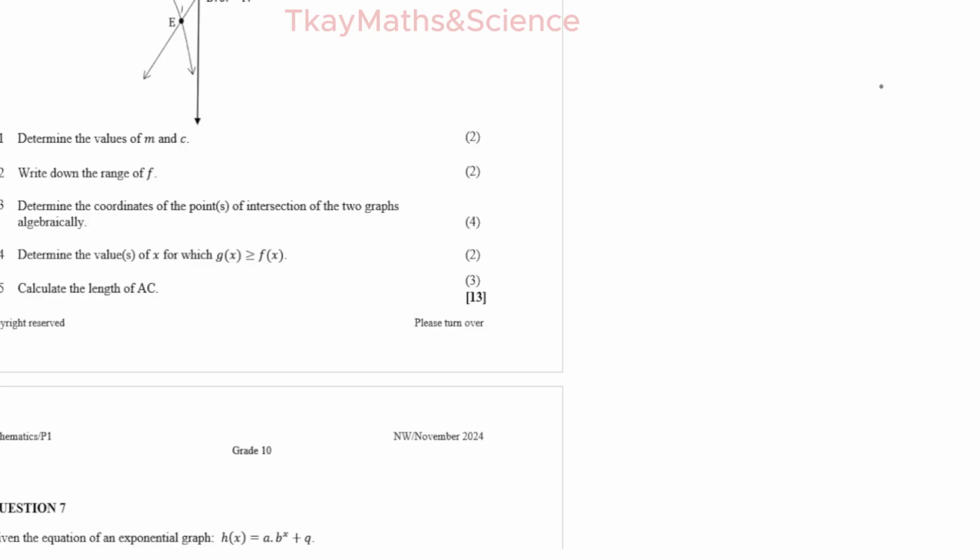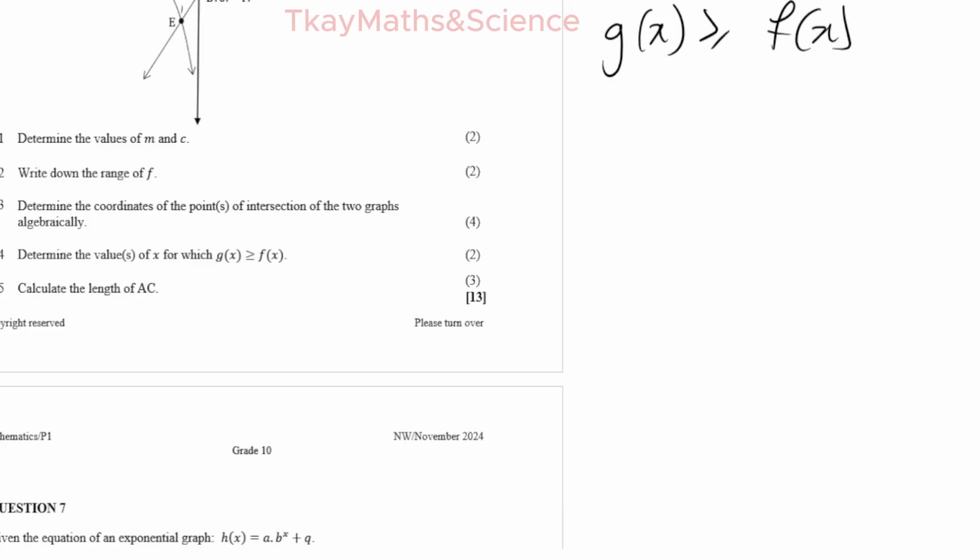What is 6.4 requiring? So 6.4 is saying determine the values of x for which g of x is greater than or equal to f of x. Okay, g of x, when g of x is greater than or equal to f of x.